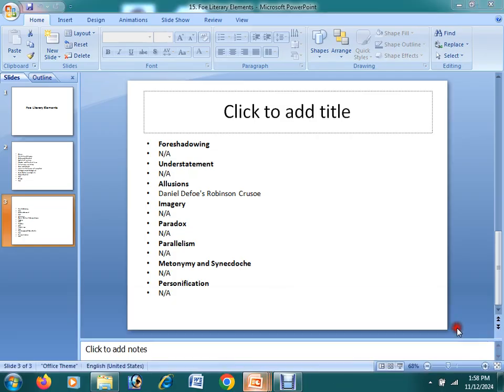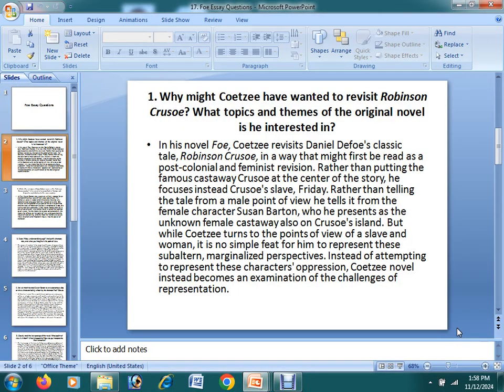Some questions you might talk about, for your brainstorming: why did Coetzee want to revisit Robinson Crusoe? What is the reason? What topics and themes of the original novel is he interested in?